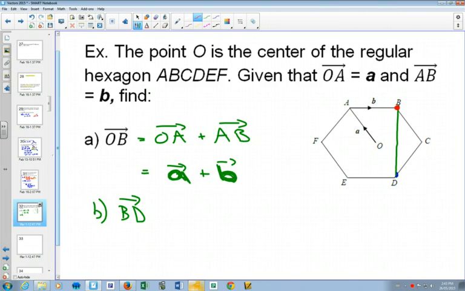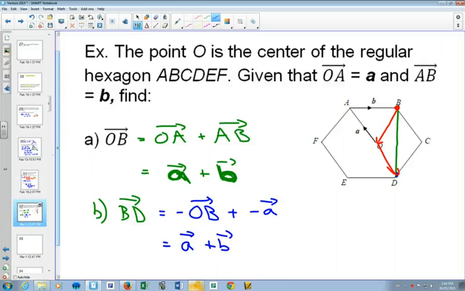Minus OB. Okay, but we don't have that as a vector yet. Oh, yes, we do, because we have it in A. So you're saying go down to here, and then down to here. So you're going to go negative OB, because we have that already. And then plus negative A. So we're going to get A plus B. What happened here?